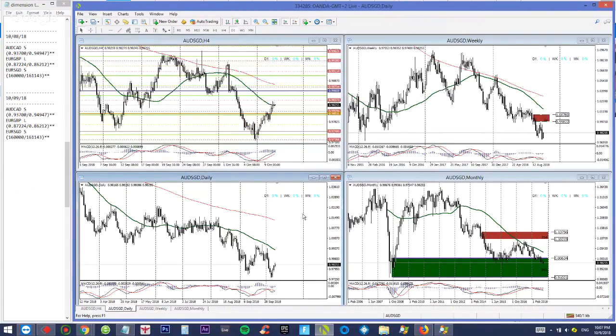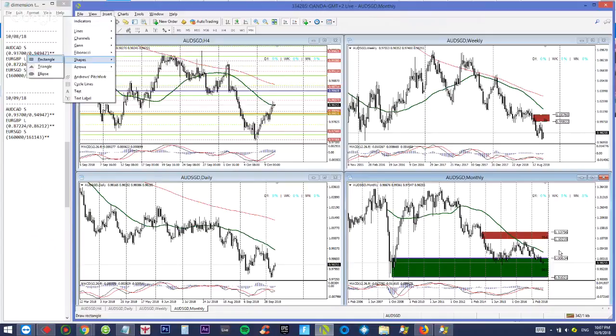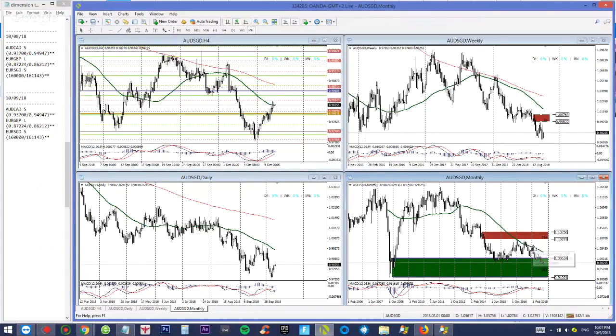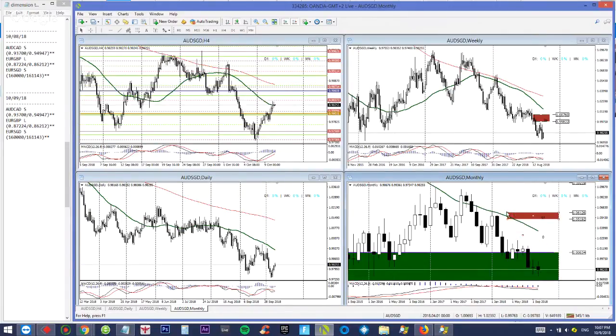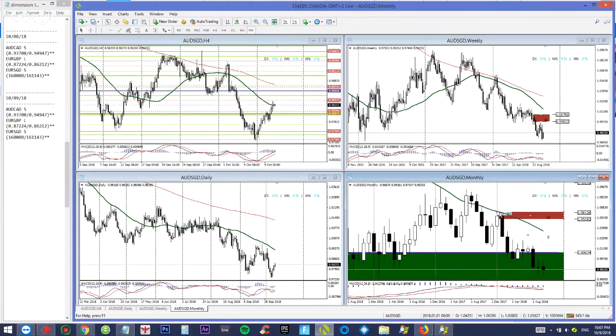Demand, supply, no change. But let me add one more supply on the monthly, which I saw right here. Okay, we have a supply right here.